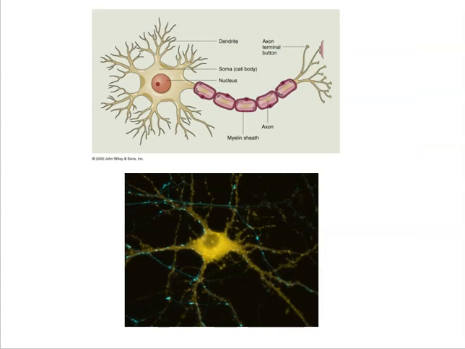Here are some nerve cells, a diagram at the top, and an actual nerve cell enhanced with radioactive dye so that you can actually see some of the detail there. But they almost look like a one-eyed alien or something like that. This right here is the cell body with the nucleus. You have this myelin sheath, the axon, and which ends up with these things called dendrites.